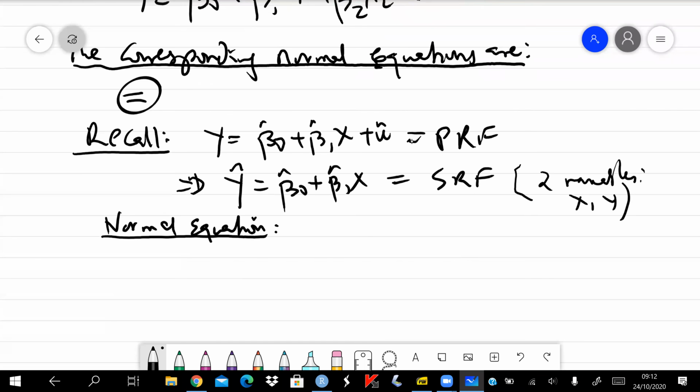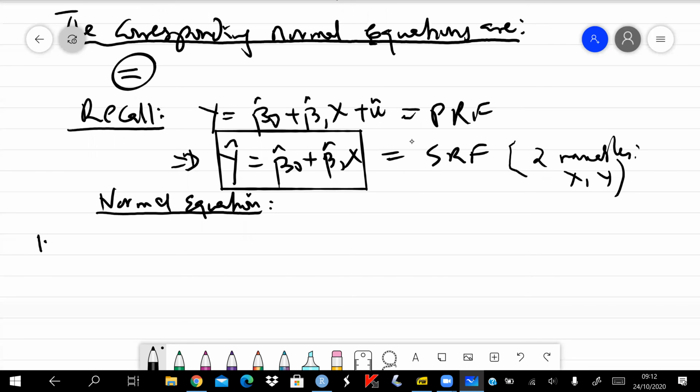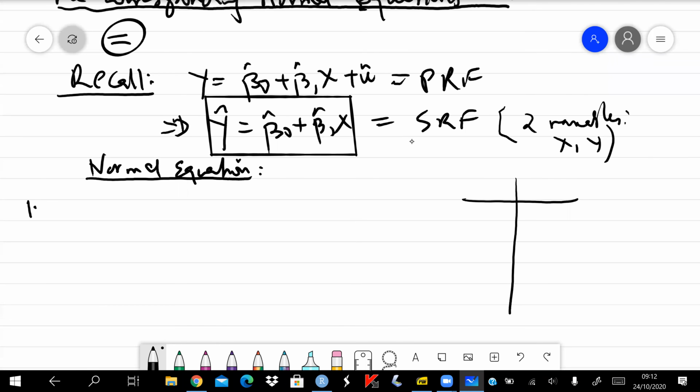So let me show you a quick way of coming up with the normal equations in the simple linear regression case. The first normal equation is given by, you take this function. Remember, in the background you have some data, because these estimates of beta naught and beta 1 are estimated from some data. So you have some x and some y.